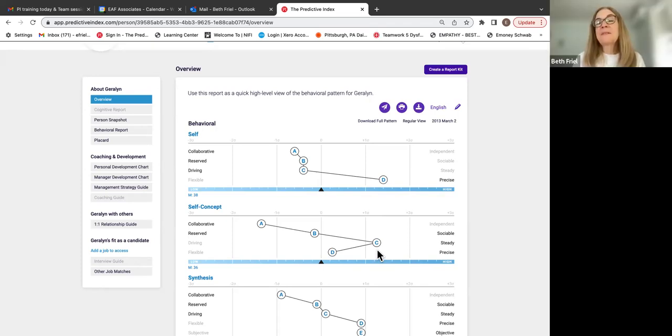Okay, thank you. And I have a question from Emily. If the PI for the individual is significantly different between the self and self-concept, which do you look at more closely when looking at relationships with the other? Emily, did you mean with another person?